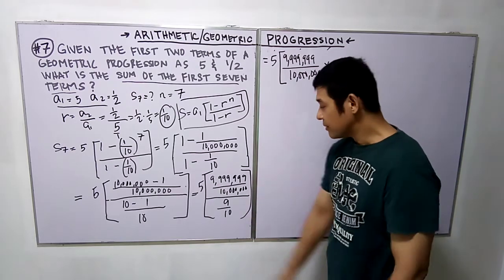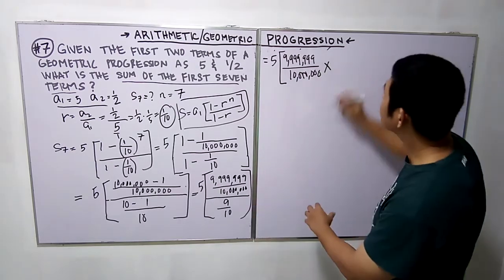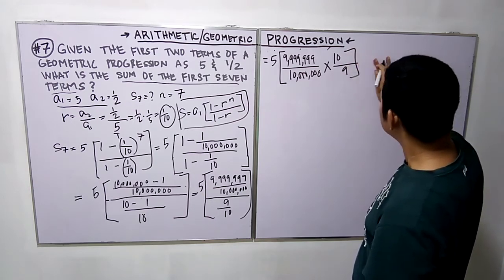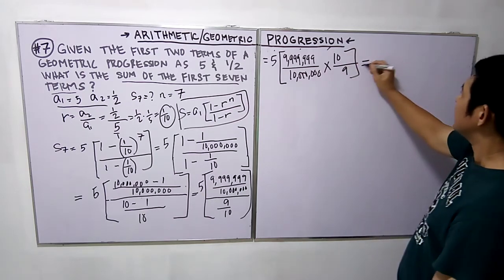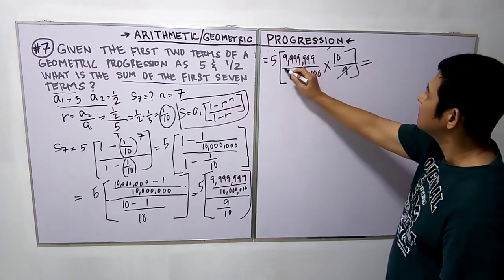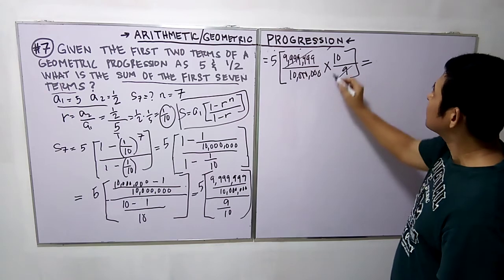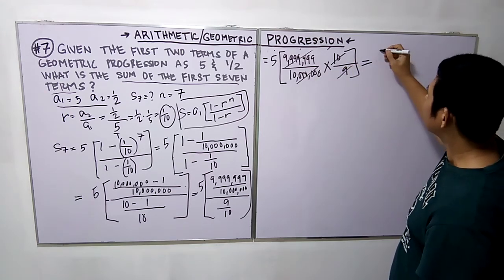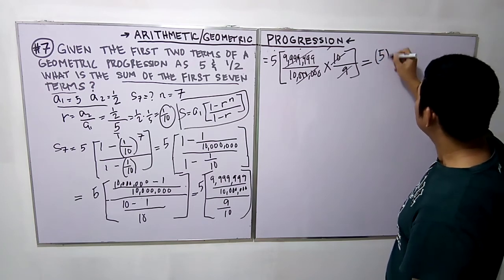Kumbaga, division of fraction siya eh. Mauuna yung sa ilalim, 10 divided by 9. Ang mangyari po, dito natin tuloy yan. Ito po, pwede natin i-cancel ito. Ito naman pwedeng ma-cancel. So, ito malinaw na. Ang mangyari yan ay 5 times.